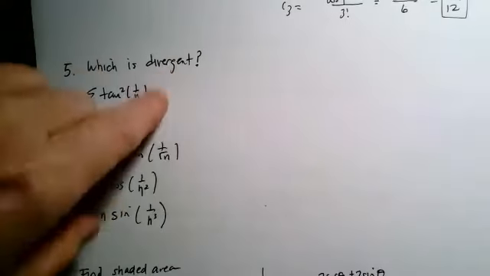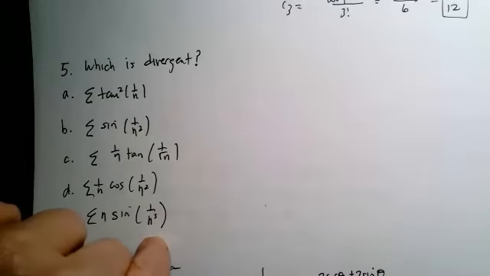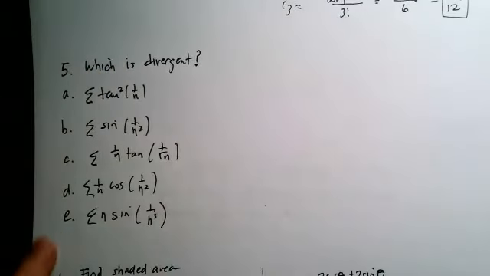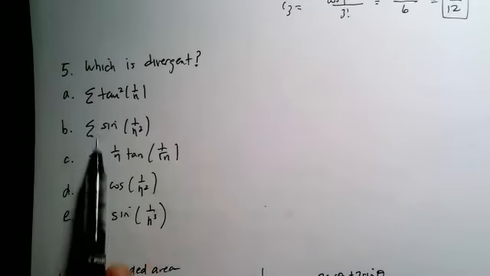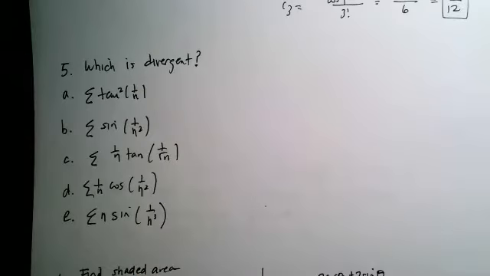Okay, which one of these is divergent? Okay, which one is different out of all of these? And I didn't put where they start because it's kind of irrelevant to the problem, except for, well, cosine. Yeah, I'm going to start with the one that's different.